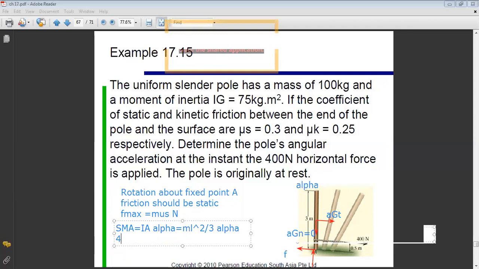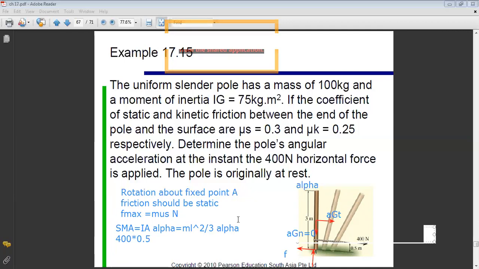So I have 400 times distance 0.5 equals ml squared over 3 times alpha. The only unknown in this equation is alpha. I get alpha. So I am done with my first unknown, alpha.